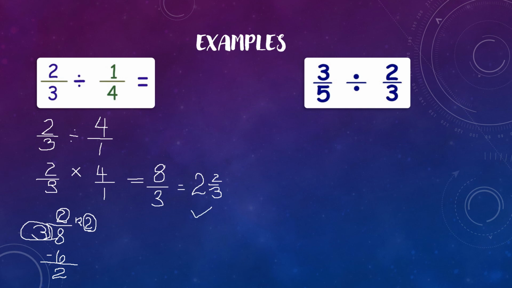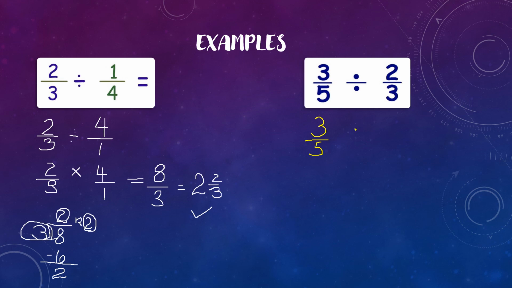Okay, the second example says 3/5 divided by 2/3. Again, we know that we do not do anything to the first fraction except put it right back into position. So let's do that.